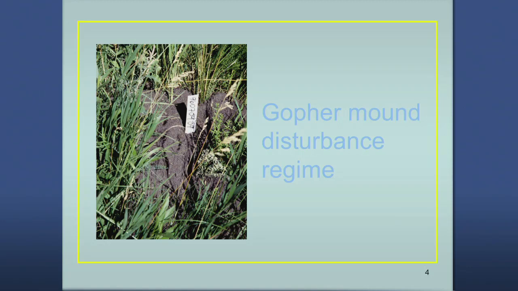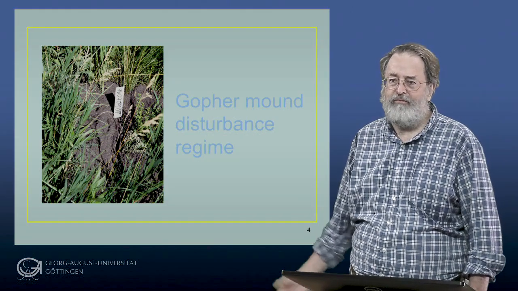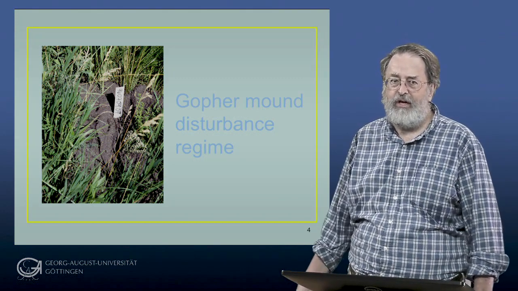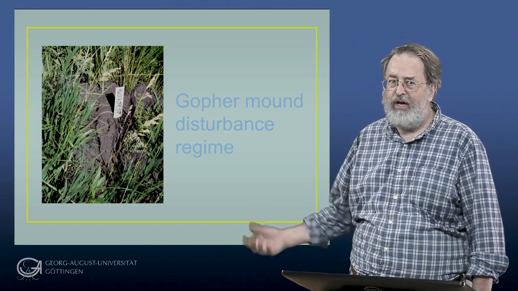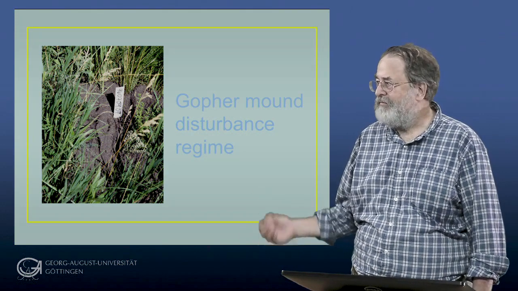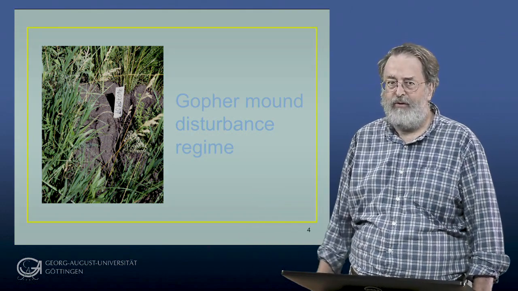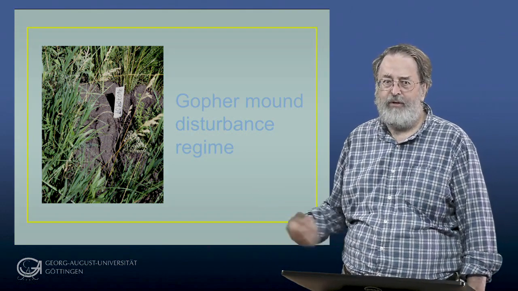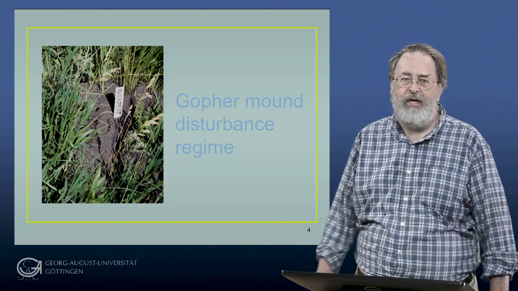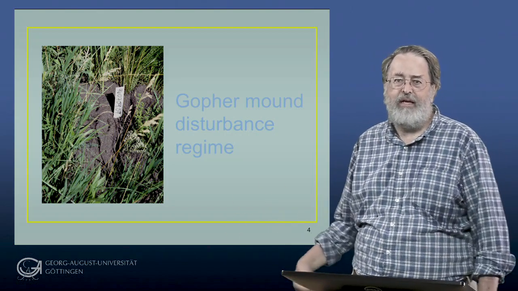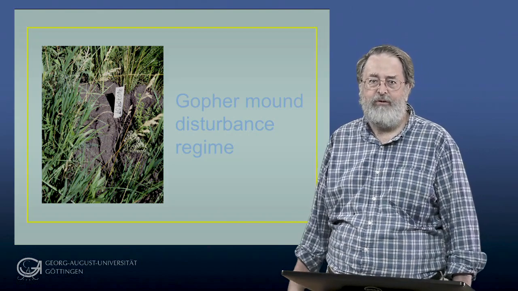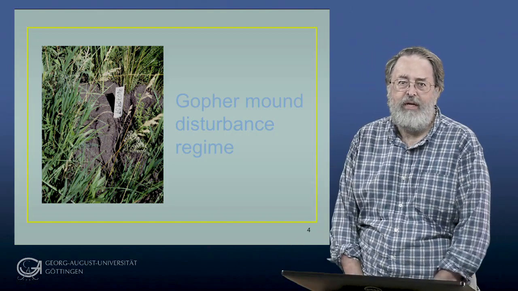If you'll recall, we discussed gopher mounds in an earlier video for a study I did when I was a postdoc in California. One reason we got involved in studying in this site in particular was there was also gopher activity, so I could continue exploring some of the ideas that I obtained during that postdoctoral period in California.